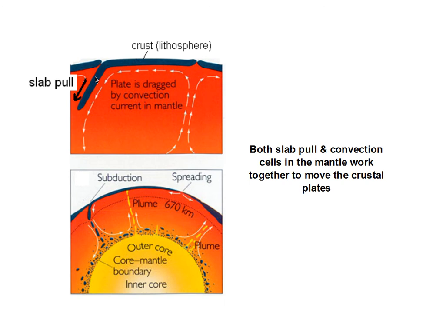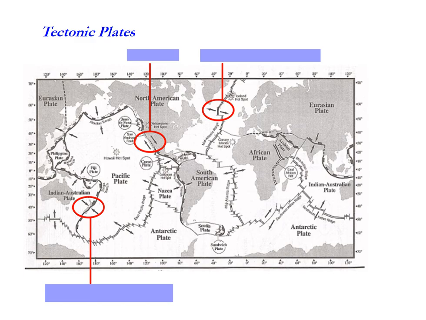But as it sinks, the weight of this slab pulls on the crust, pulling it deeper and deeper in, dragging it along the surface. Thus, these two forces, slab pull and convection currents, create the motion of the plates.